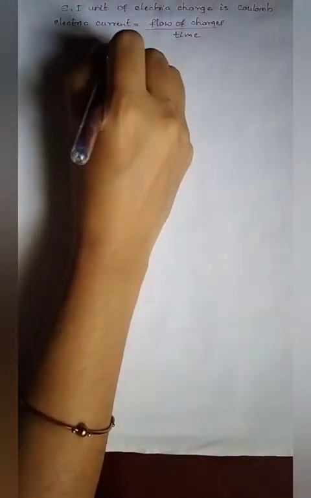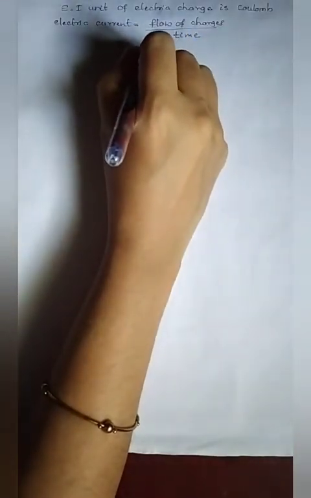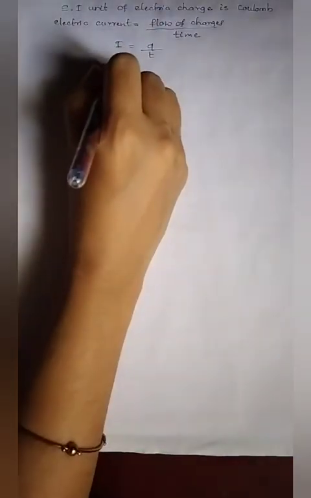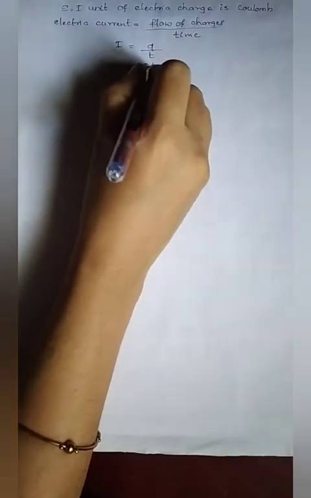It is denoted by capital C. We write electric current equal to flow of charges divided by time. Here the electric current is denoted as capital I, and flow of charges can be denoted as small q or capital Q, divided by time t. So this implies Q equal to I into t.